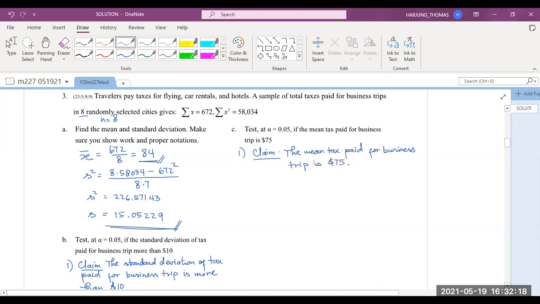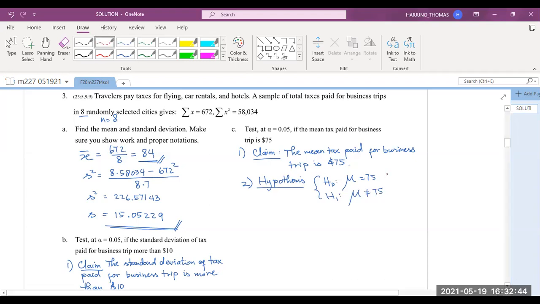Not more than, not less than, but is $75. Now that tells us this claim will go to the null hypothesis because it has equal sign, right? Mu equals 75. Now the alternate hypothesis will be mu is not equal to 75.